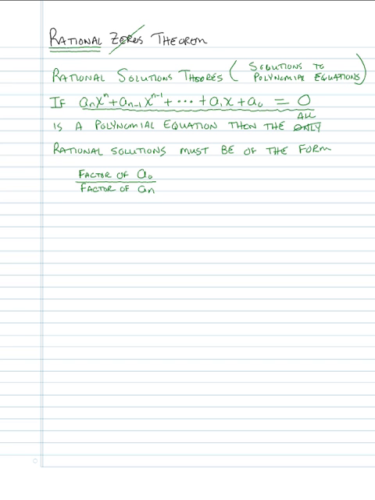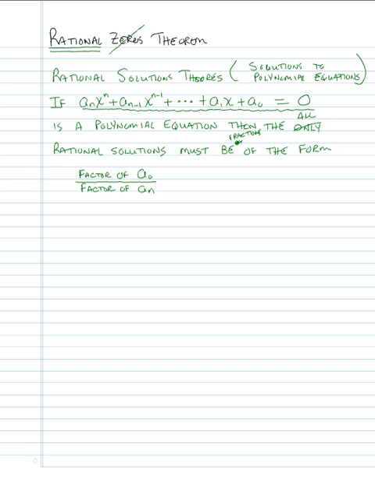So what this theorem says is that if we have a polynomial equation, all rational solutions must be fractions of the form: a factor of the constant term divided by a factor of a sub n, the leading coefficient.